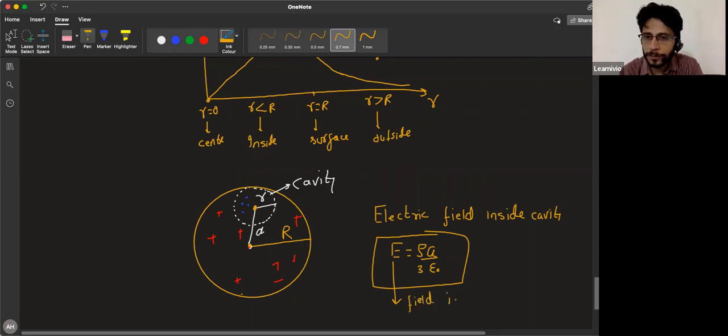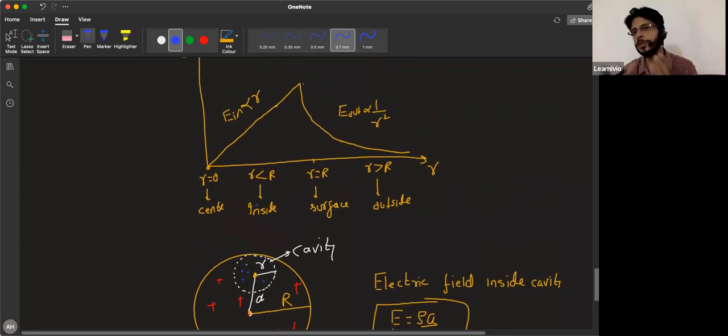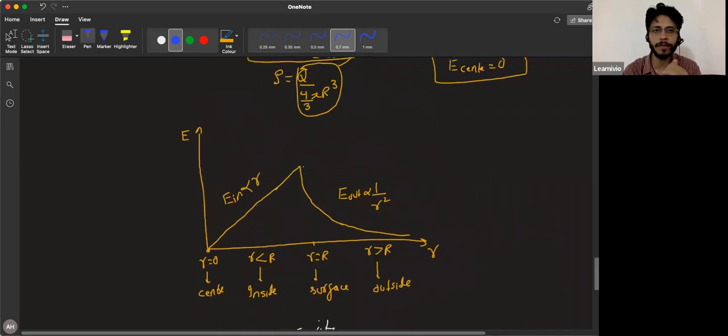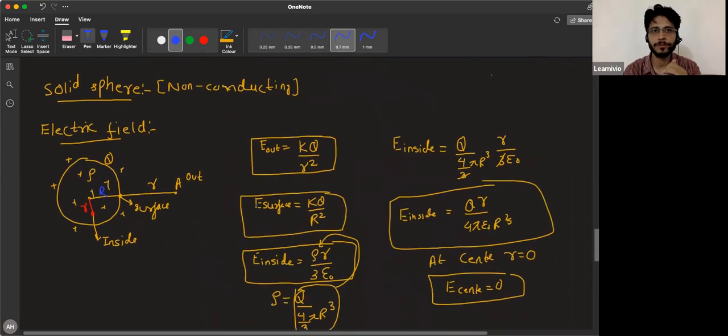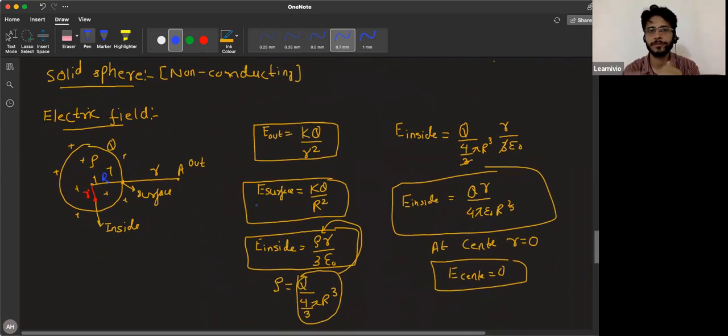Whether you calculate the field at this point or this point, at every point the field will remain the same. So that is the electric field due to a solid sphere and the field inside the cavity. Just note it down. These are topics which are important for your entrances, but these are not given in NCERT.